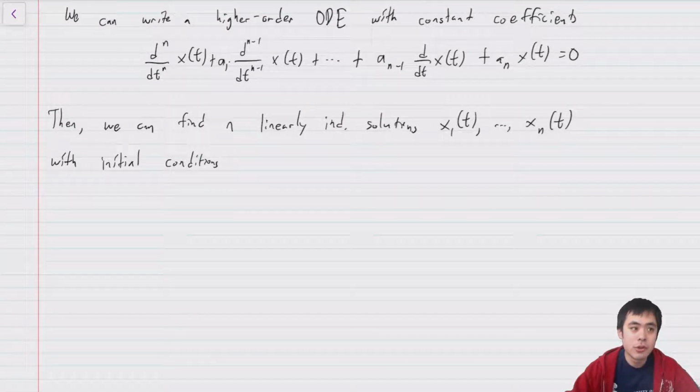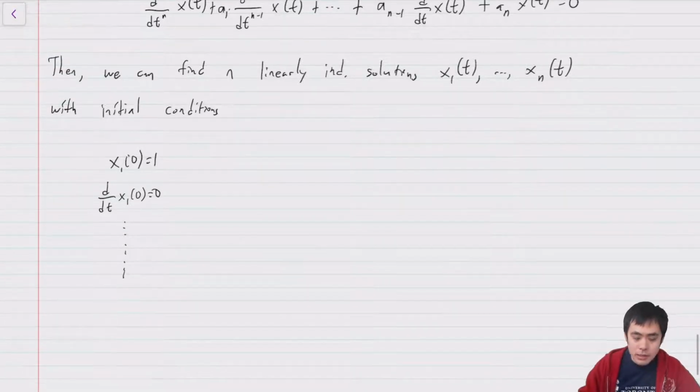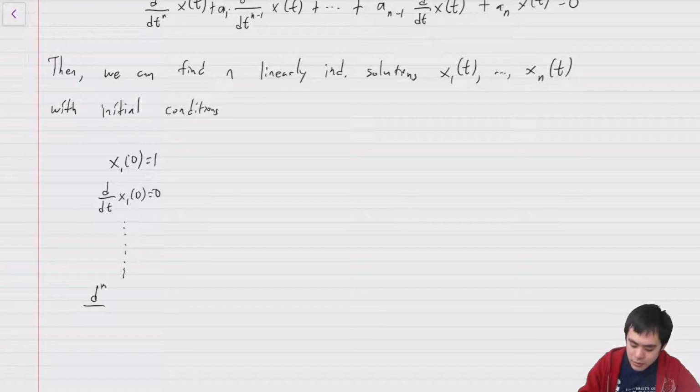So for x1, we have x1 of 0 is equal to 1, d dt of x1 of 0 is equal to 0, and so on, and d to the n minus 1, dt to the n minus 1 of x1 of 0 is equal to 0.